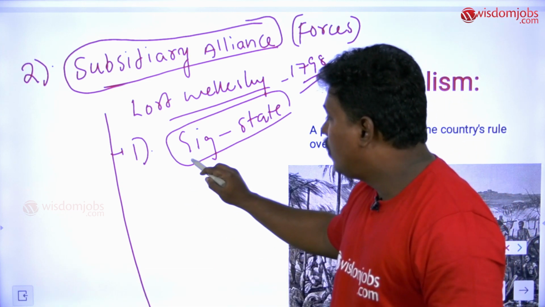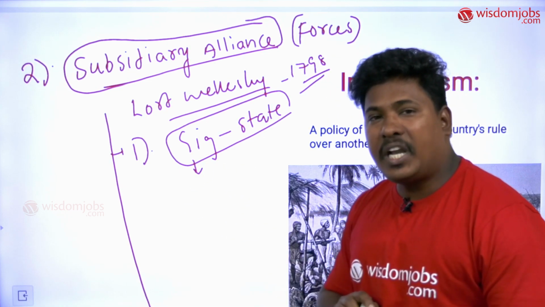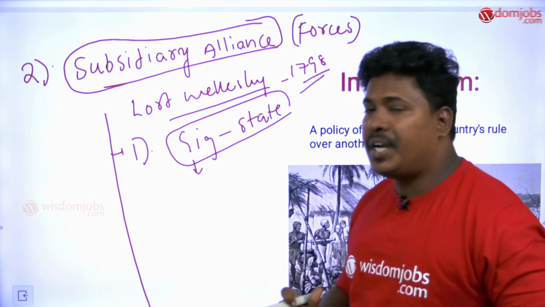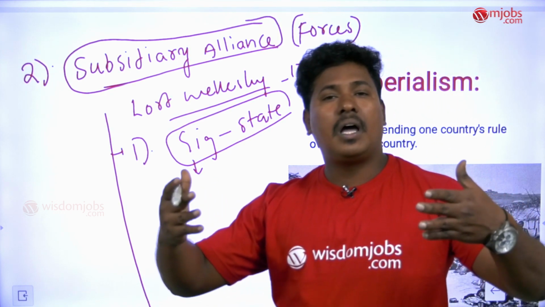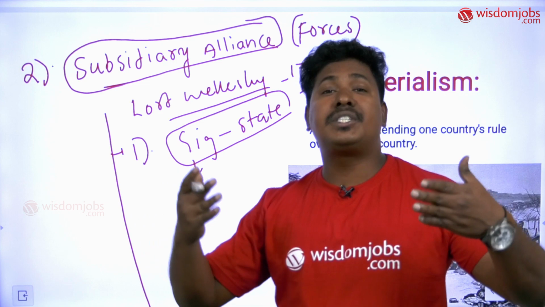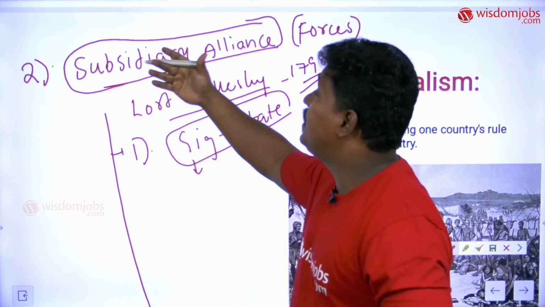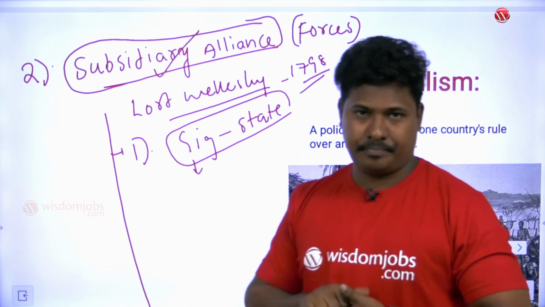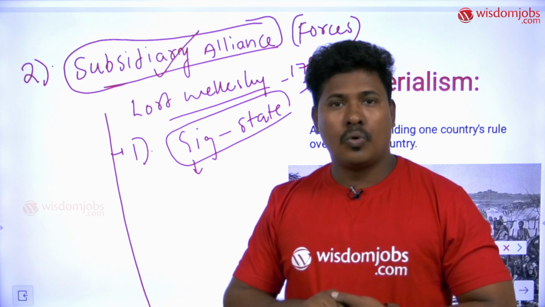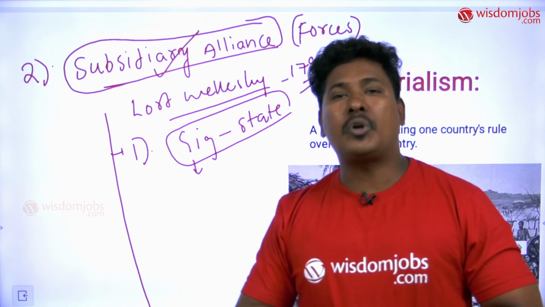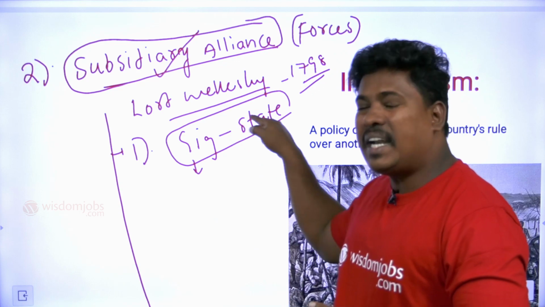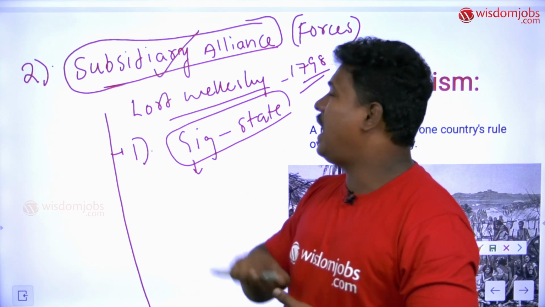And now the protection of the signatory state came under the control of the Britishers as per this policy. So whose responsibility was the protection of the signatory state as per the subsidiary alliance?